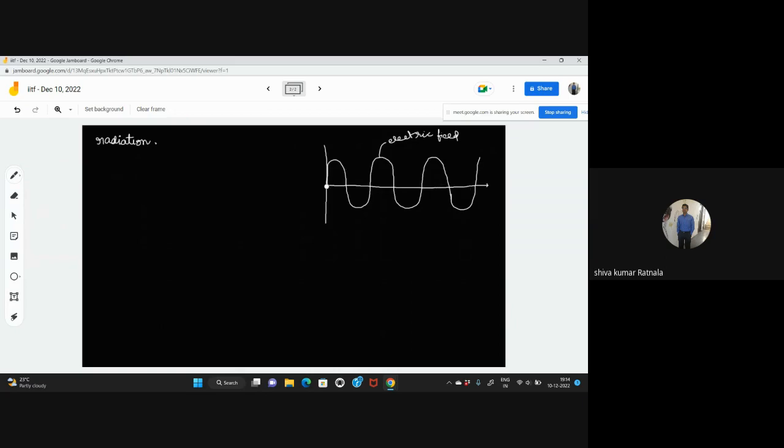Then the electric field will be in the y direction, and perpendicular to this, in the z direction, we are going to have the magnetic field, like this. This is the magnetic field.